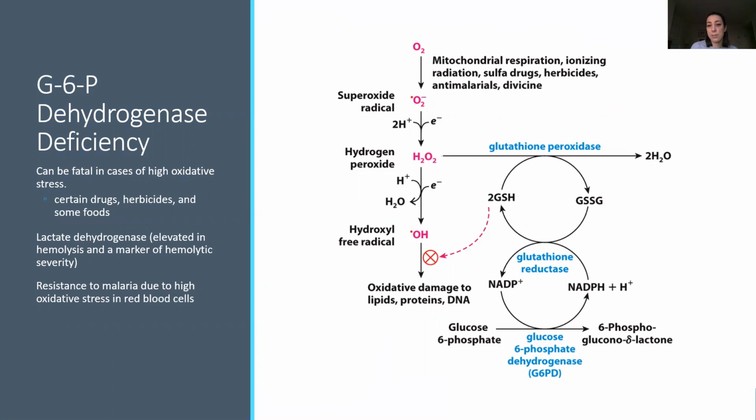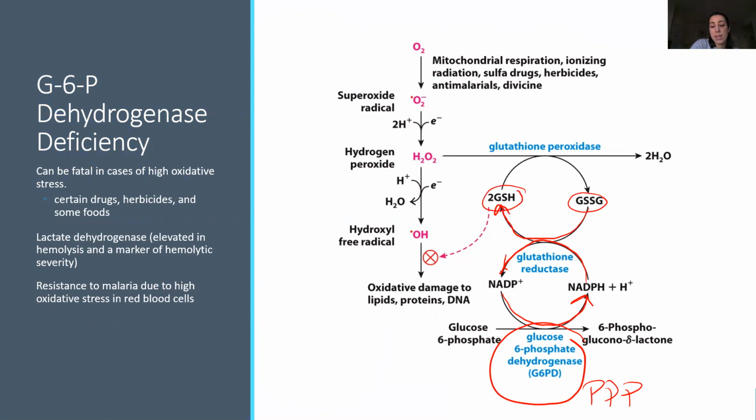recycle glutathione. As you can see, here's our enzyme, glucose 6-phosphate dehydrogenase, first step of the PPP. It helps regenerate NADPH, which takes our oxidized glutathione to make reduced glutathione.